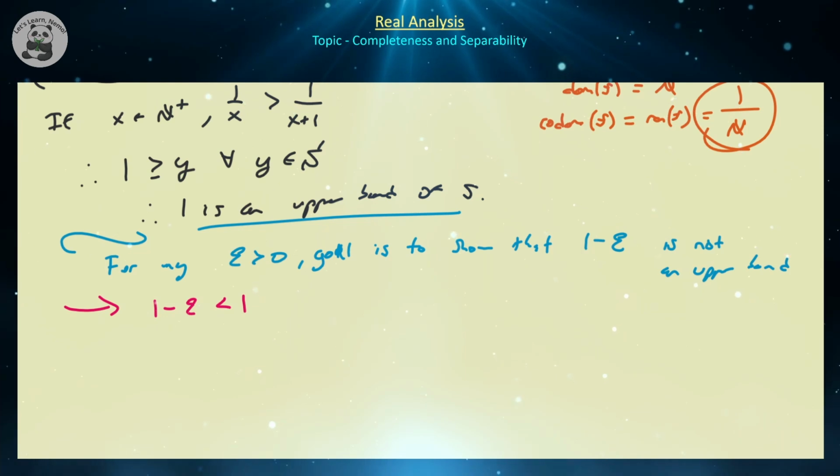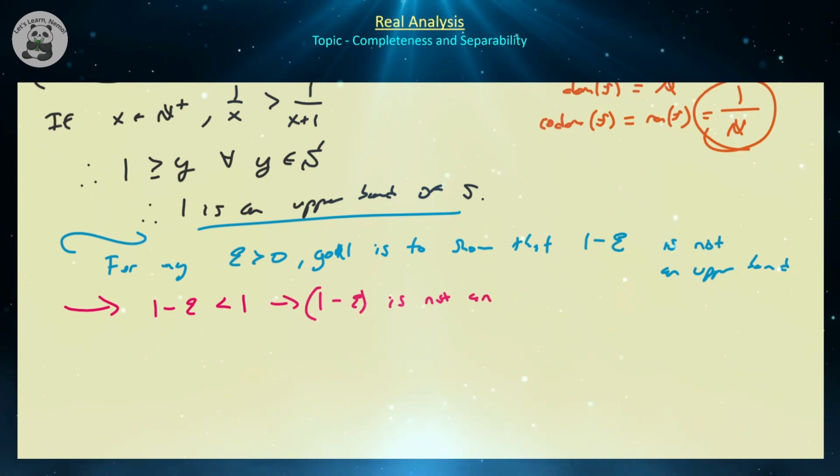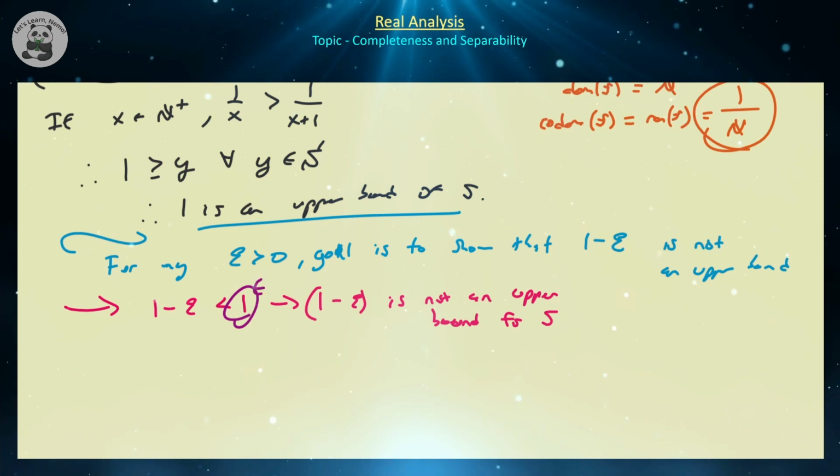So if that is the case, then we know that 1 minus epsilon is not an upper bound for S. And why is that the case? Well, 1 belongs to that particular set S. And if 1 minus epsilon is an upper bound for that set, then this 1 minus epsilon has to be greater than or equal to 1, which it's not, right?